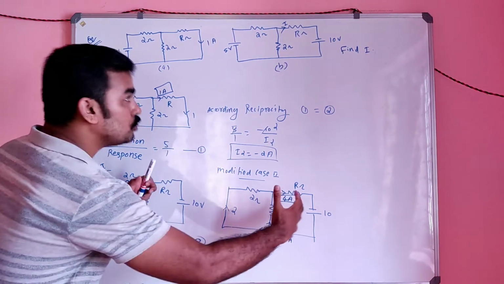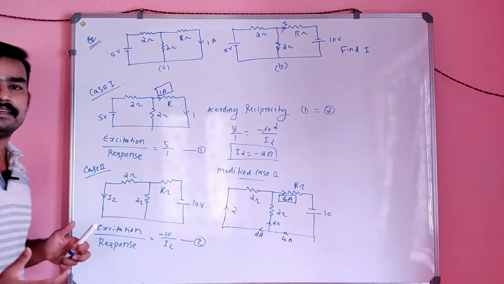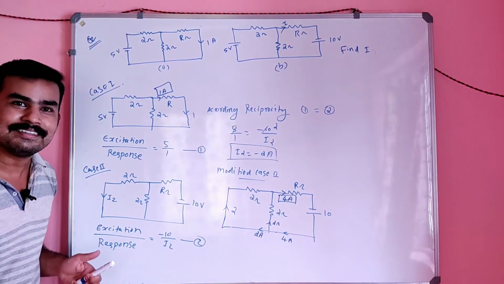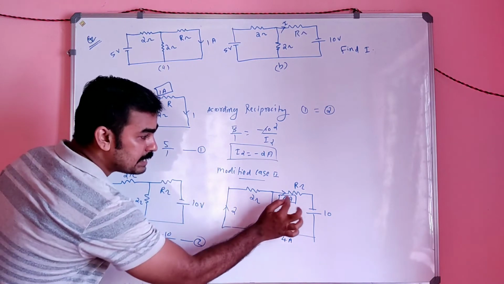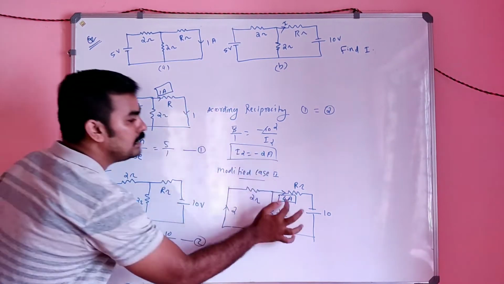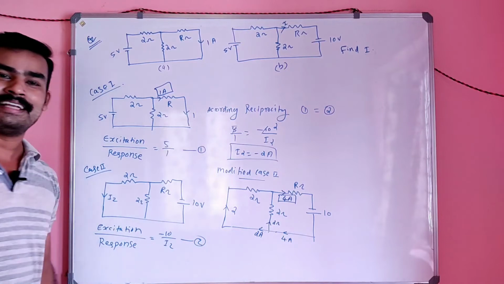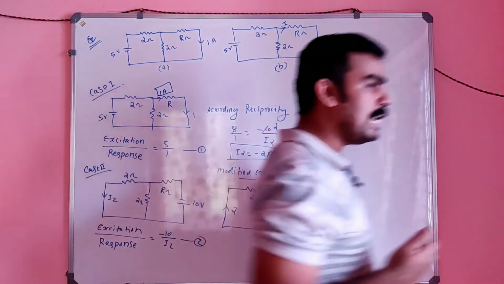So if the 2 sources exist together, what will be the result? The result will be the algebraic sum of these 2 currents. That is what the superposition principle says.